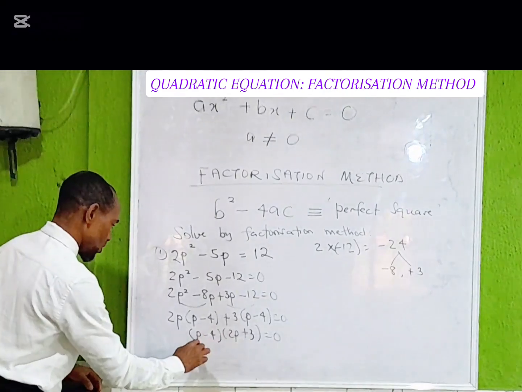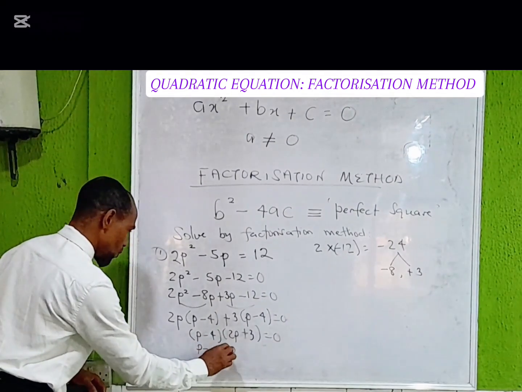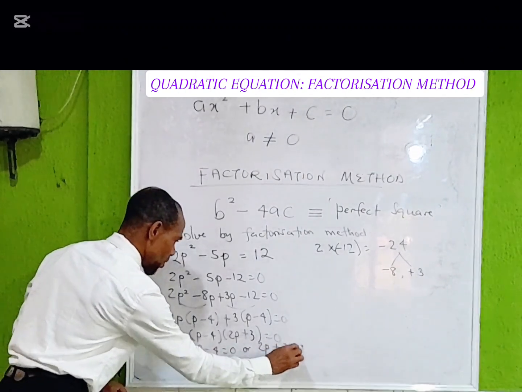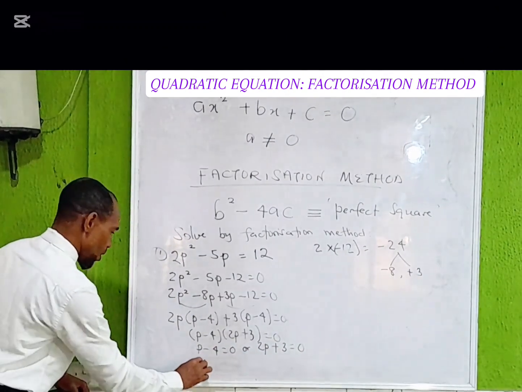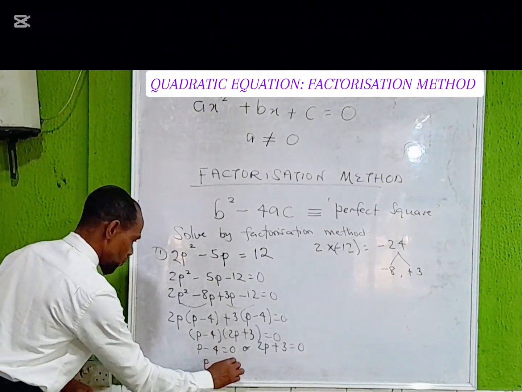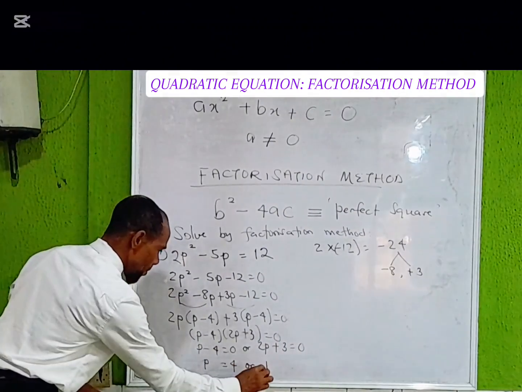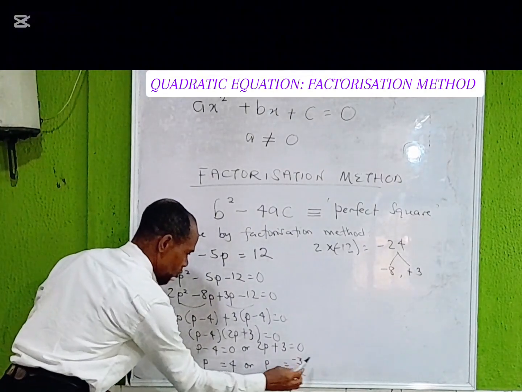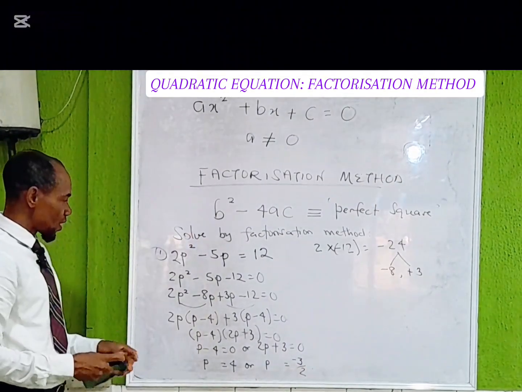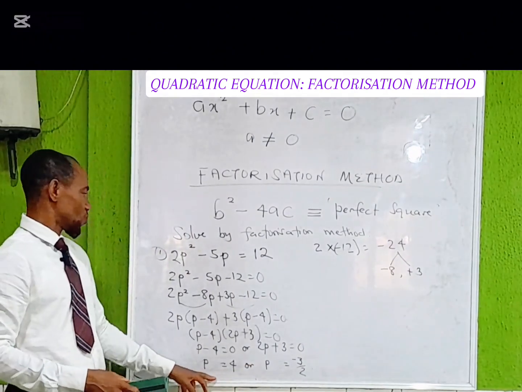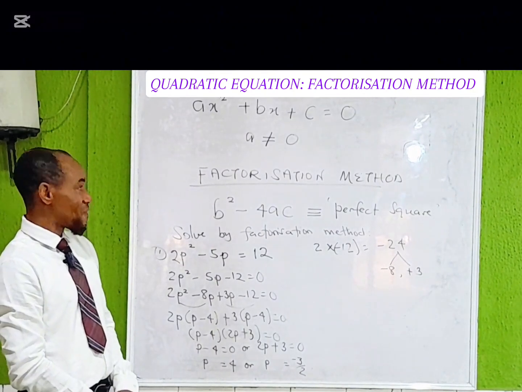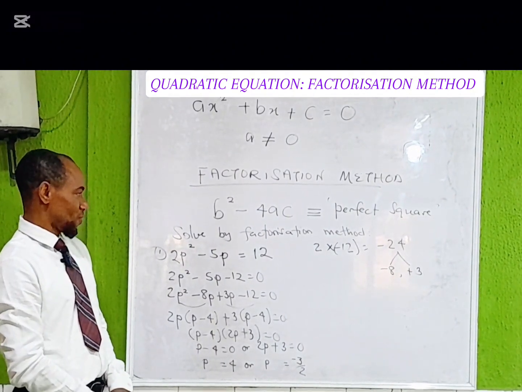And lastly, again, we're going to have p minus 4 being 0 or 2p plus 3 also being 0. And to complete that, p equals 4 or p equals minus 3 over 2. And again, those are the solutions or roots of this quadratic equation. And that's been the factorization method.